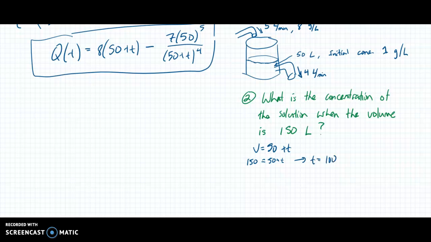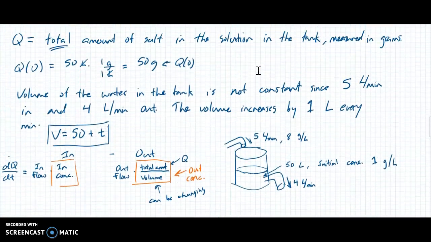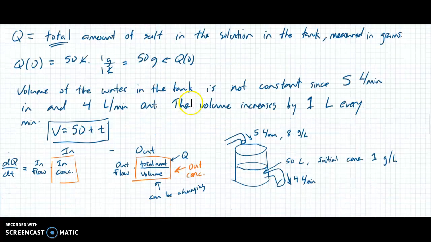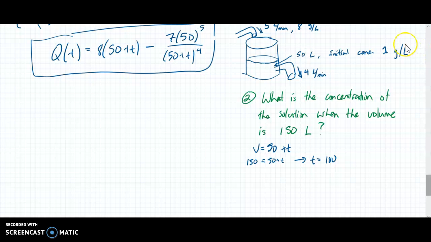You could also logic your way through that. We know from earlier that the volume increases by 1 liter every minute. It starts with 50. How long is it going to take to get to 150? Well, 100 minutes. So from here, what I need to do is find Q of this value right here.